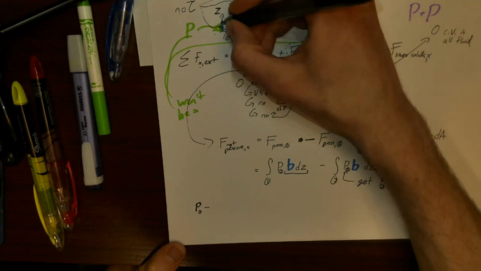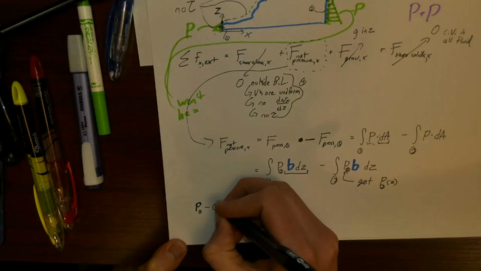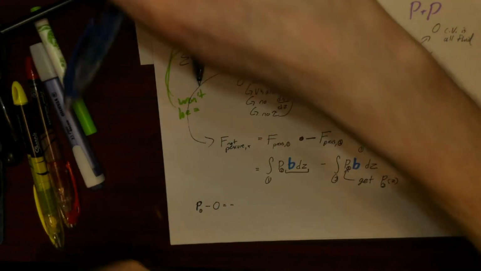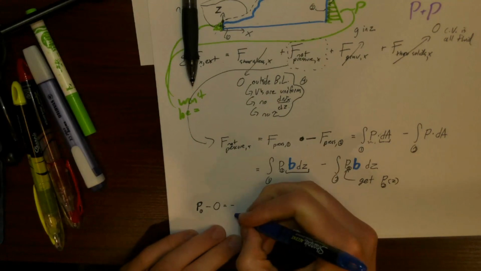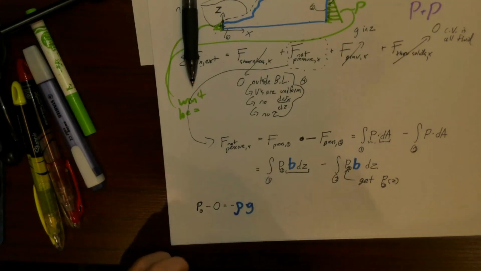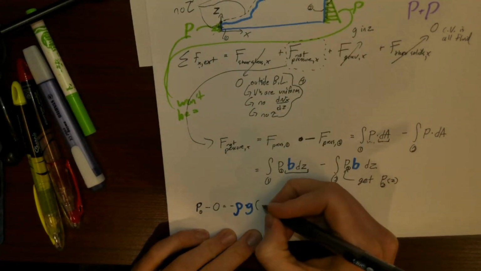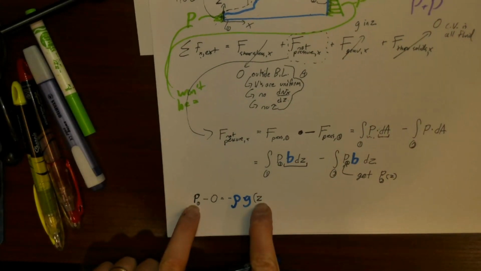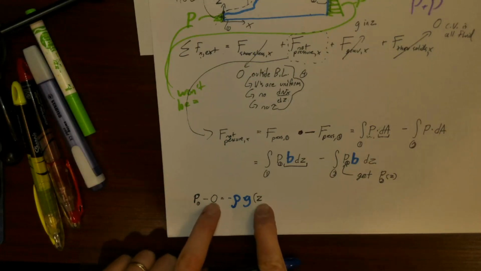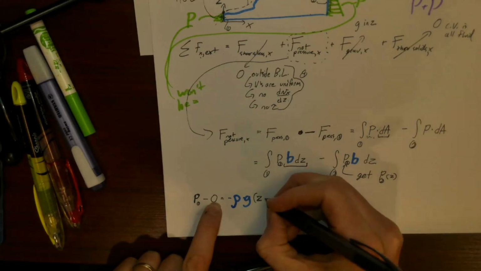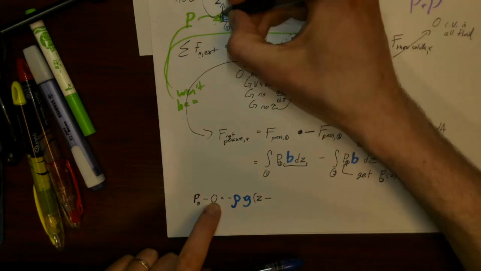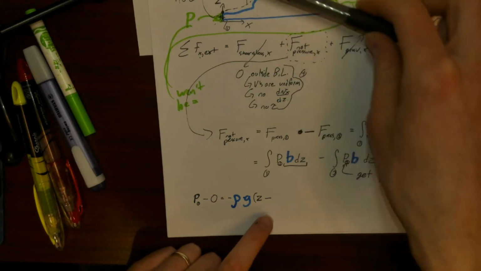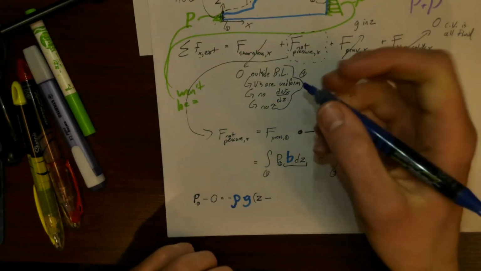So pressure here minus pressure at the top, which is 0 because we're dealing with gauge pressure, is equal to minus rho g z, because we're saying pressure at some arbitrary point z, minus whatever z level corresponds to the reference point for pressure. And the z at this point right here is H1.